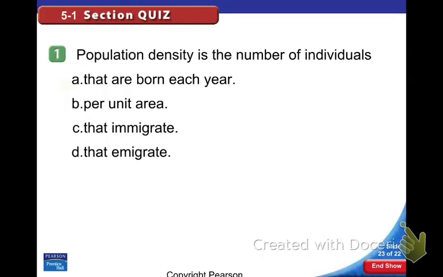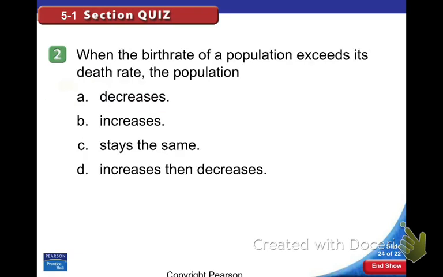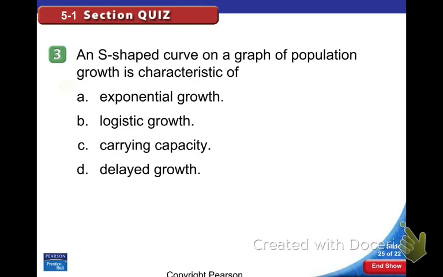Let's do our quiz. Population density is the number of individuals per unit area. When the birth rate of a population exceeds its death rate, the population increases. An S-shaped curve on a graph of population growth is characteristic of logistic growth.